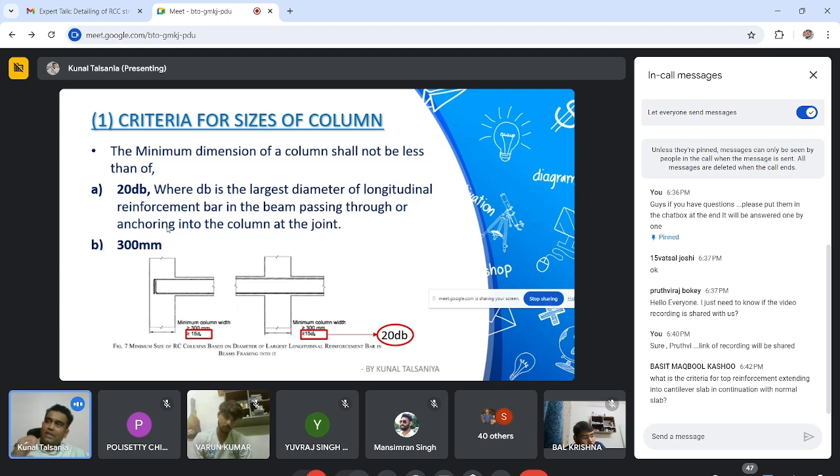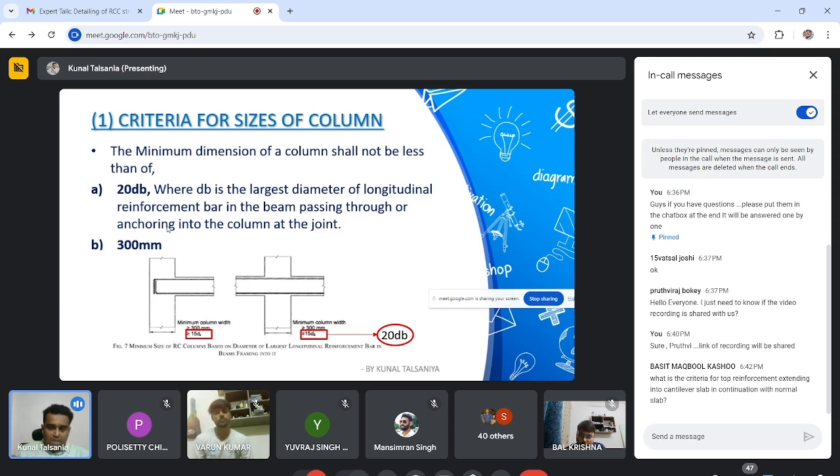If you are using 12 mm Tor diameter, the minimum width of column in that direction is 12 into 20, means 240 mm width is required. If your reinforcement is 16 mm diameter, which you are using in the beam, then 16 into 20 is 320 mm.